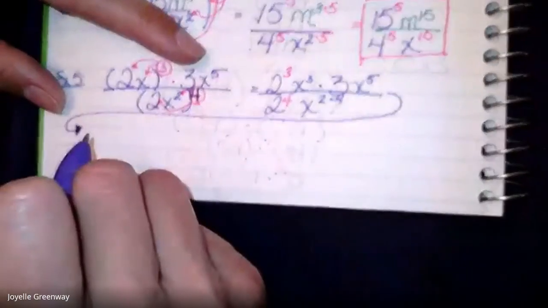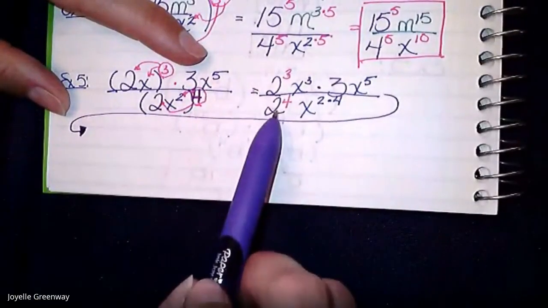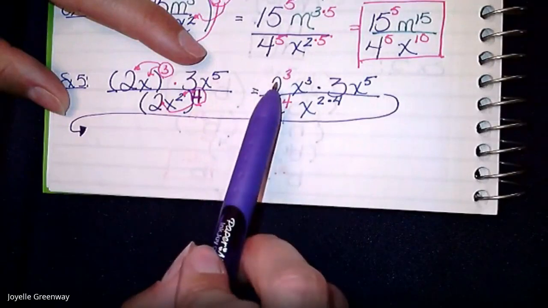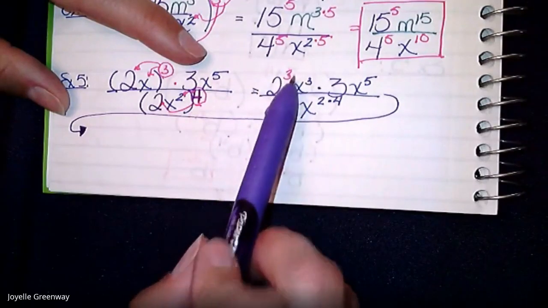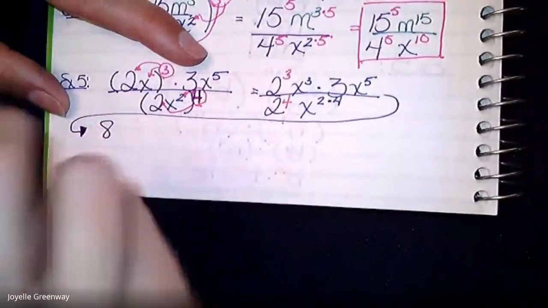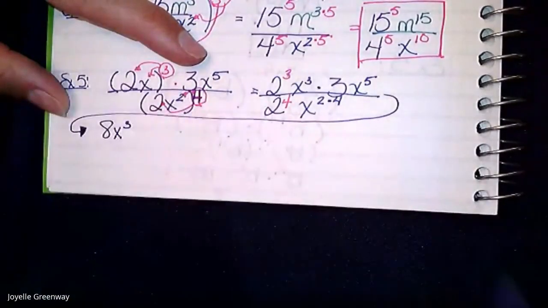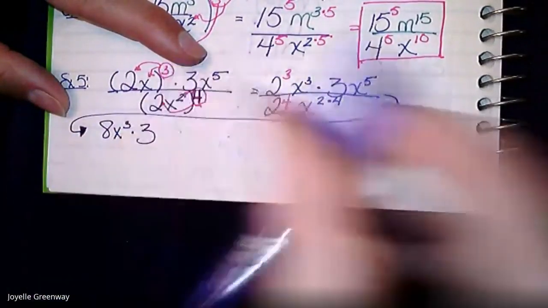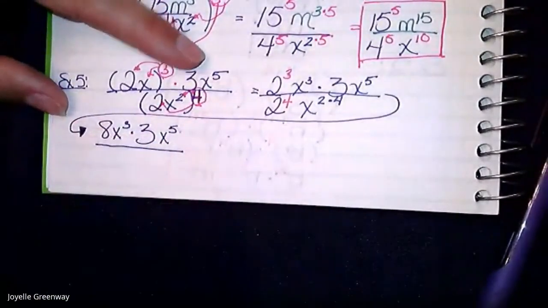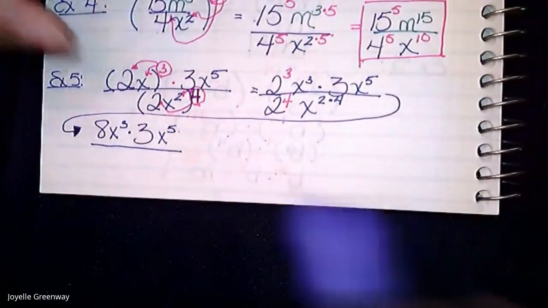So let's see what we can do. So I have 2 to the 3rd divided by 2 to the 4th. Well, I'm just going to do 2 to the 3rd, which is 2 times 2 times 2, which is 8, right? So I get 8x to the 3rd times 3x to the 5th divided by, so now I have 2 to the 4th, which is 2 times 2, which is 4, times 2, which is 8, times 2, which is 16.